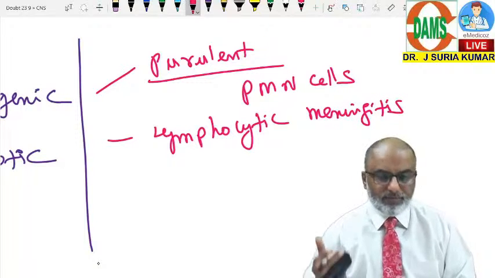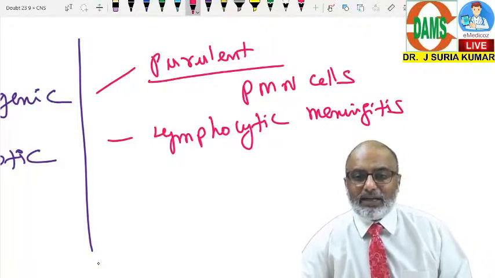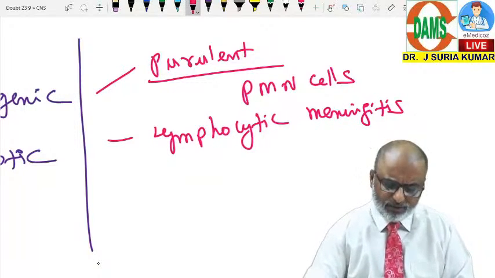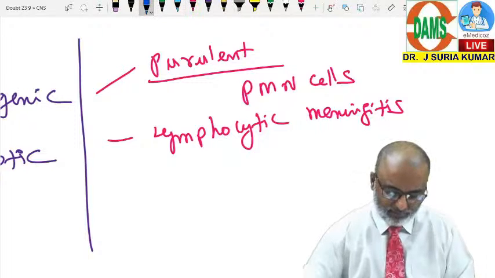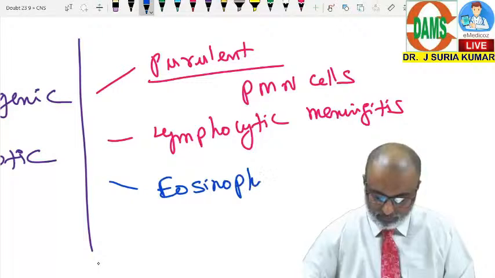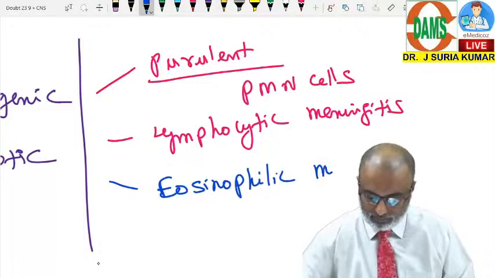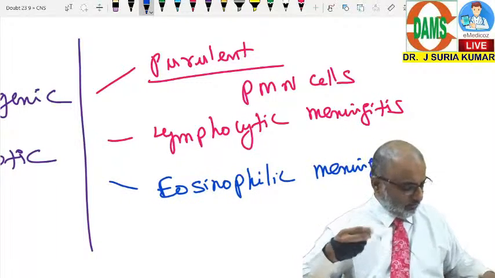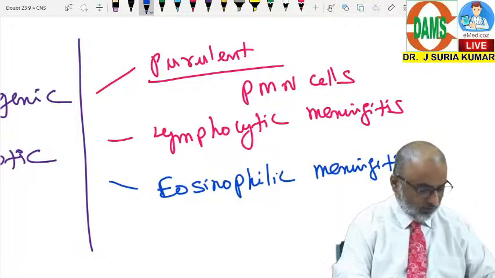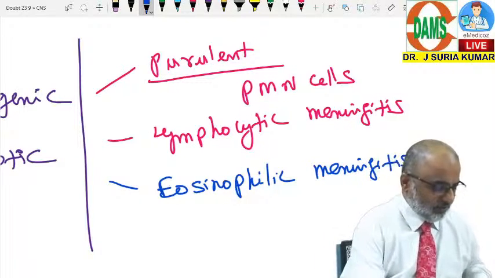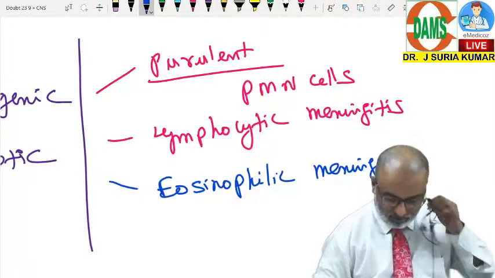Many of the viruses, few of the bacteria. Very few we have eosinophilic meningitis, mainly by parasites.